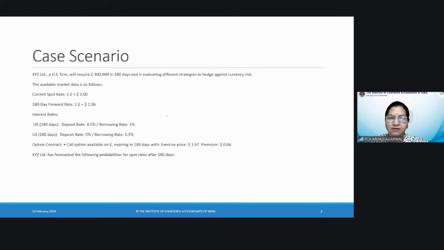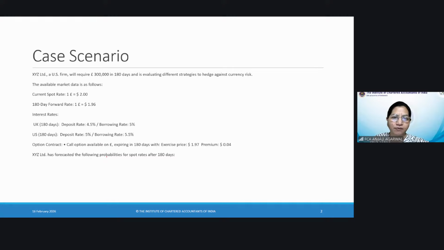So there is a clearing house in between, which means things will be standardized. There will be a standard size of the contract, and a margin has to be given for entering into a contract. Whereas with forward, you can have any kind of negotiation with the other party. So the risk in futures is less and the risk in forward is higher.